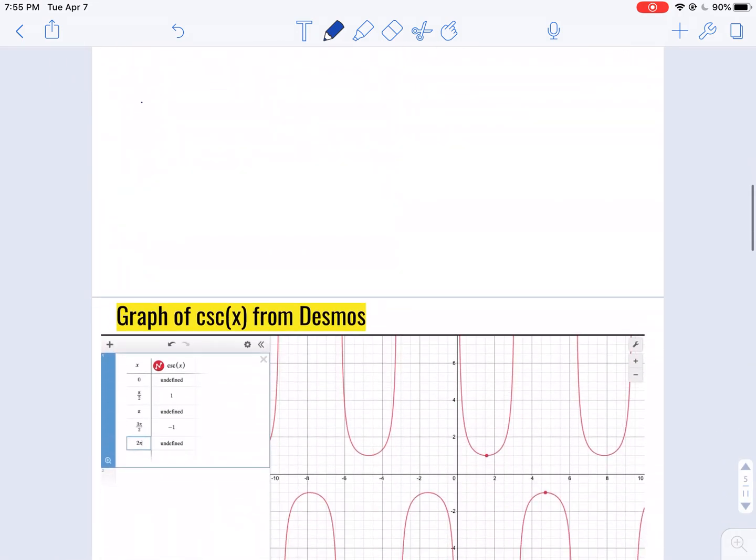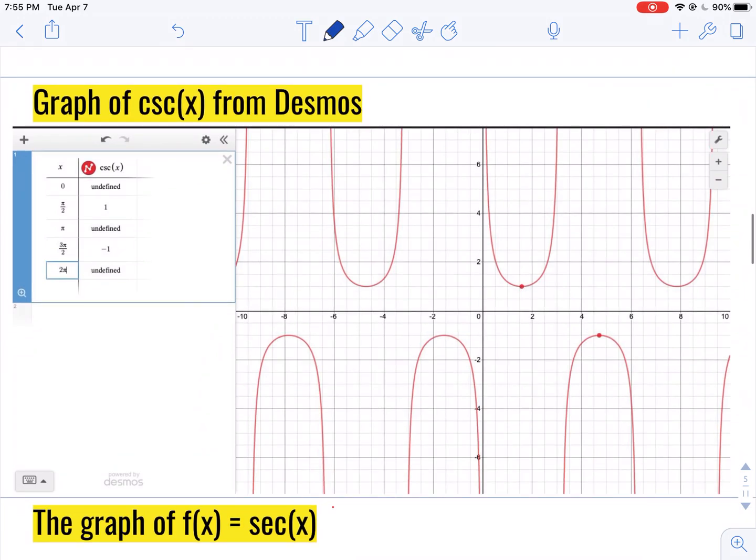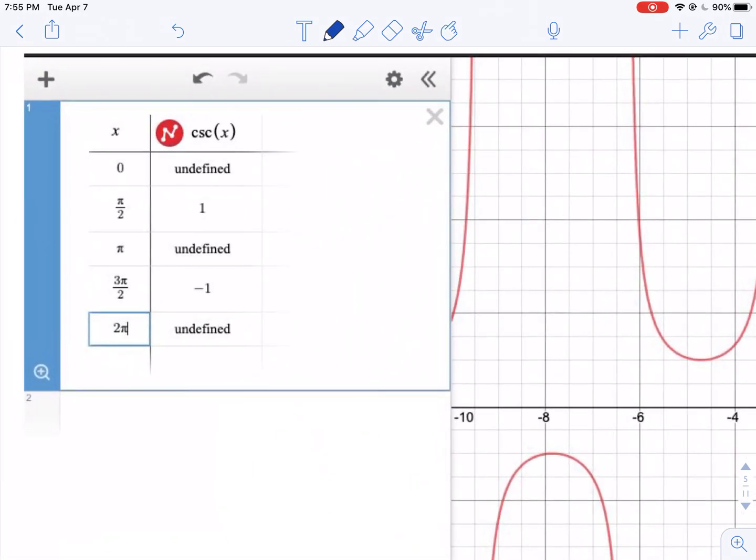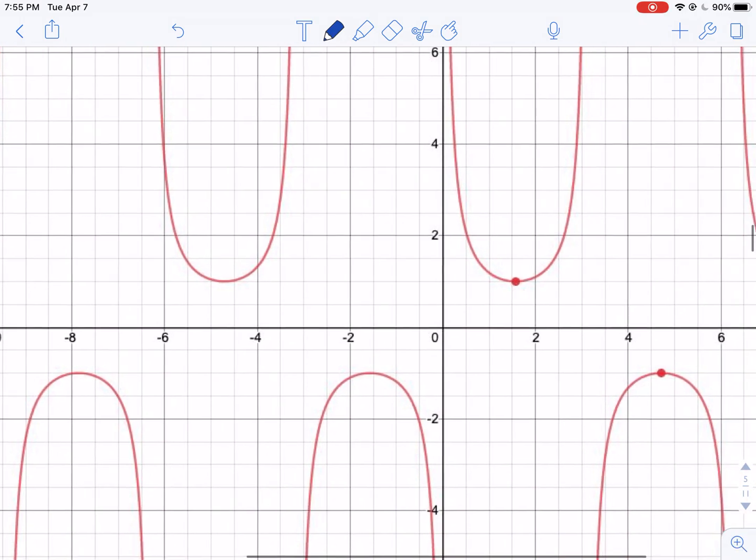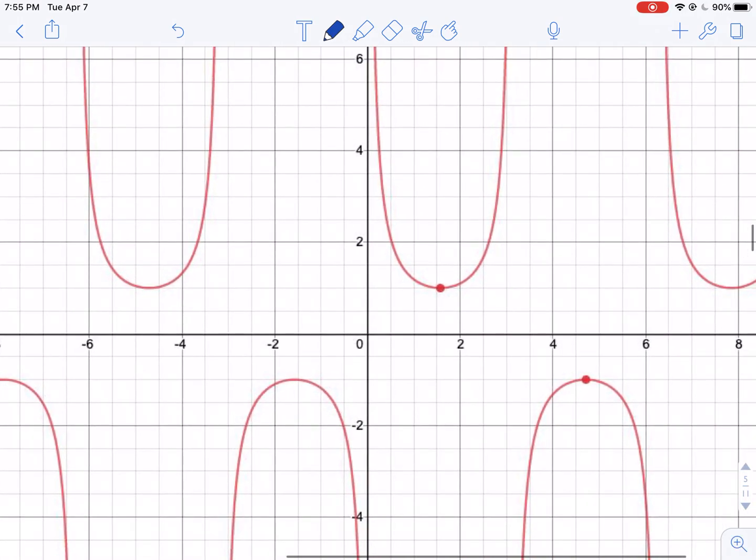Now, again, let's go down to this Desmos graph of this. I can see here that at 0, pi, and 2 pi, I have undefined points. Pi over 2 and 3 pi over 2 is -1. And then from those points, which I have marked here, they go up and they go down, depending on if we're at the peak of the sine function or at a valley of the sine function.